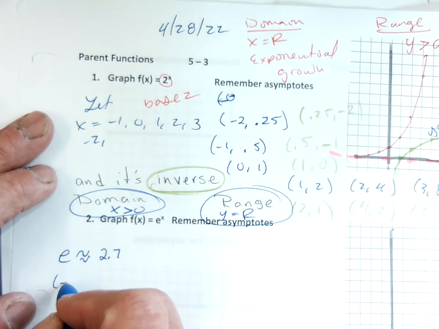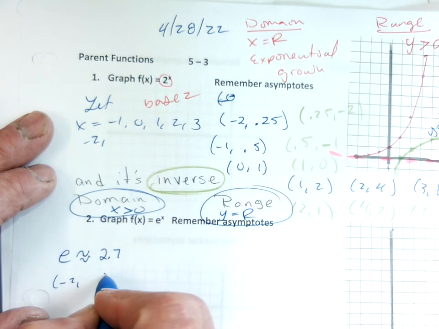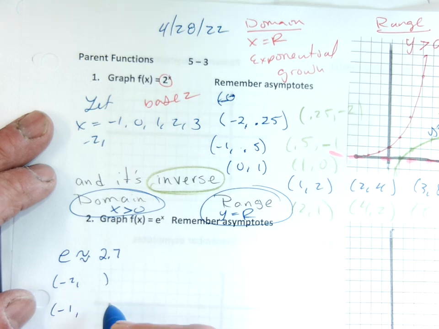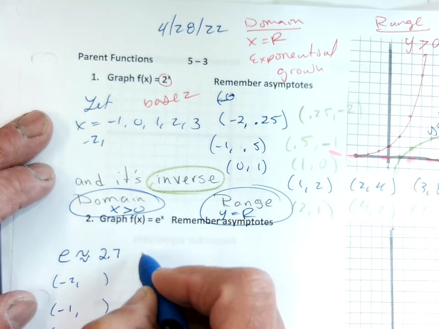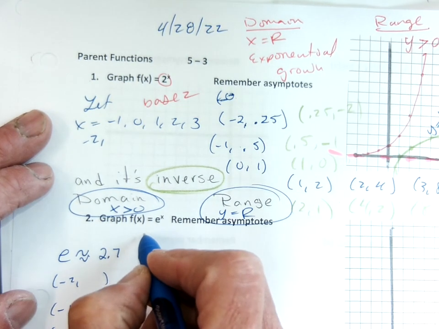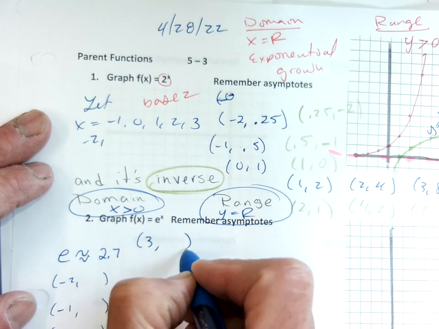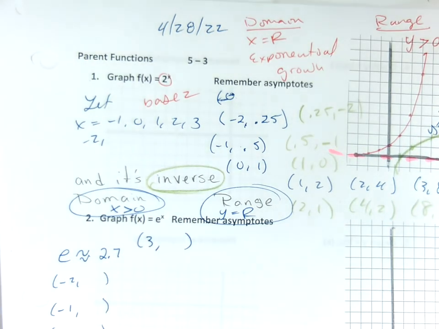Let's plug in -2, let's plug in -1, let's plug in 0, let's plug in 1, 2, and I'll plug in even 3. And I'm just going to use my calculator to get those values.